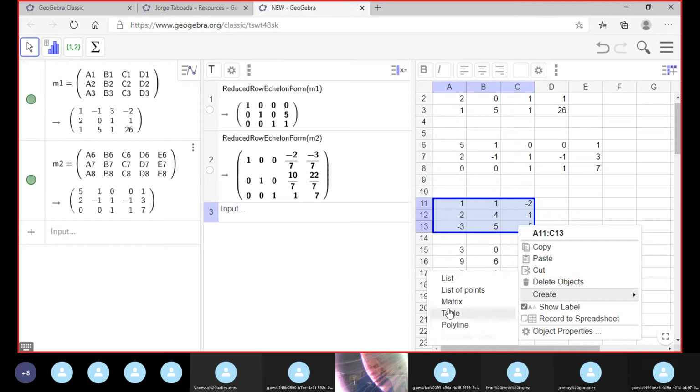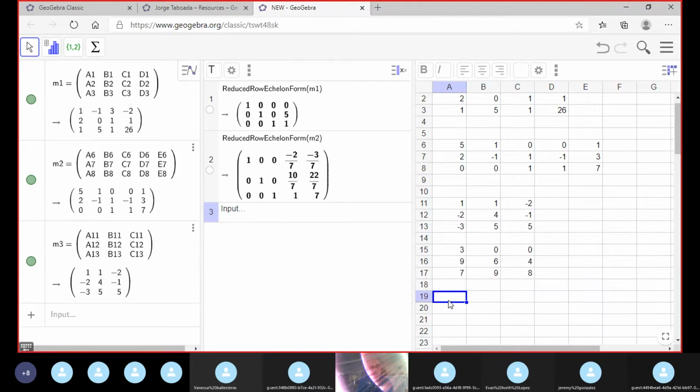Create matrix. The name is M3. Good. But in the cast part, you put determinant. Determinant of the matrix M3. And the determinant gives me 34. That's the answer. It corresponds with option B in the handout.